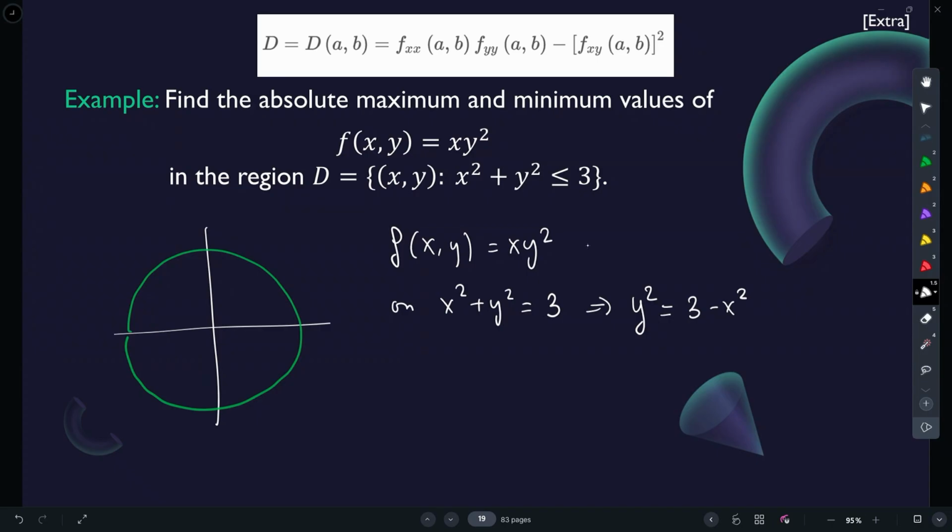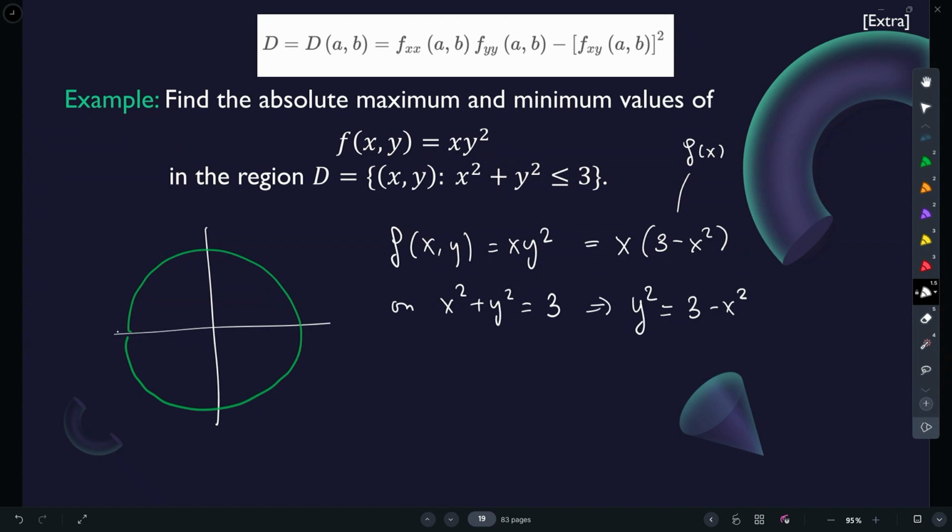And that tells me that this function is actually a function of just x on that circle. It's x times 3 minus x squared. Okay? And now this is just a function of 1 variable.